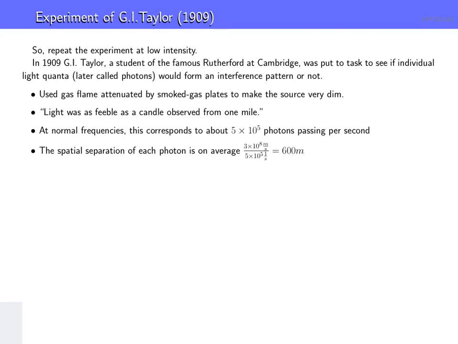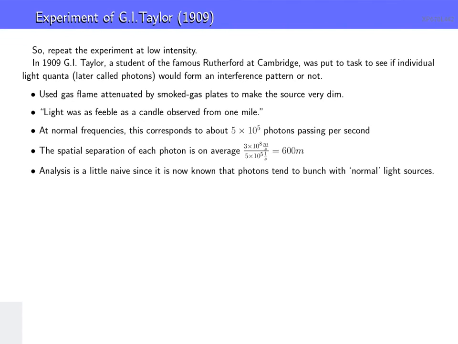Now, this particular analysis, this assumption, if you will, that you're getting the spatial separation so large, is, I'd say, a little naive, but it was later known that light has particular properties, so this is not actually a foolproof single photon measurement. I'll say it now, we'll come back to it later: it took until 1982 to experimentally verify that you do have a single photon state, and then you observe the results of this particular experiment as well.